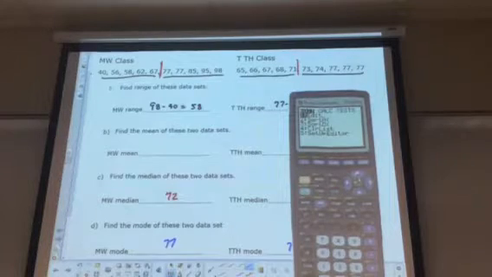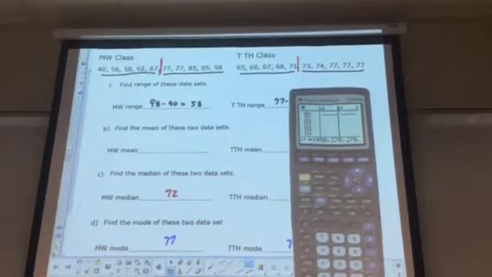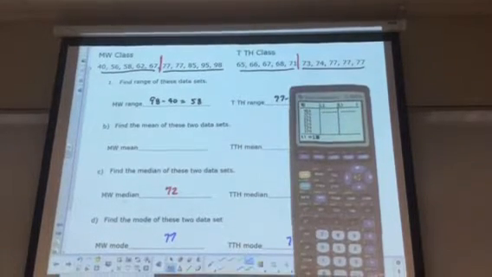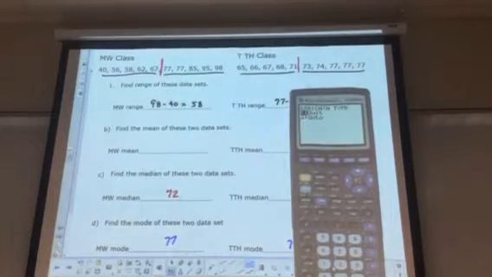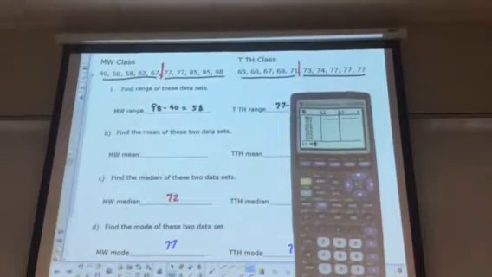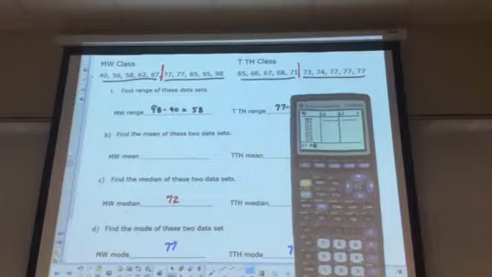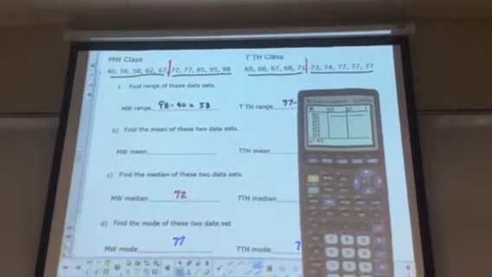We go into stat, edit, we clear list number 1. But I wasn't, okay, now in this case I made a mistake because I didn't move myself up into the label. I have to be in the label and I have to clear the data from here and then enter.